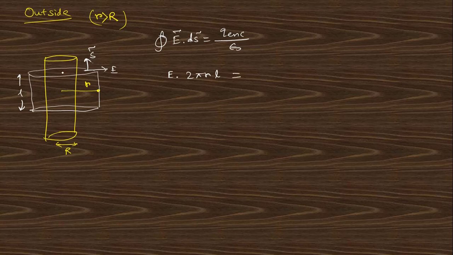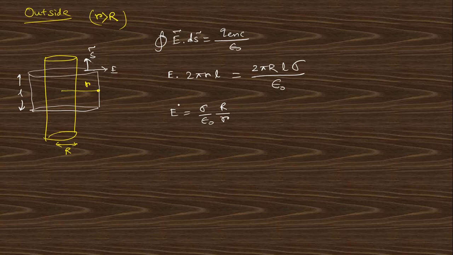The charge enclosed within this is 2 pi RL into sigma. So finally, 2 pi cancels out, L cancels out, and we get sigma by epsilon naught, R by r. Clear?